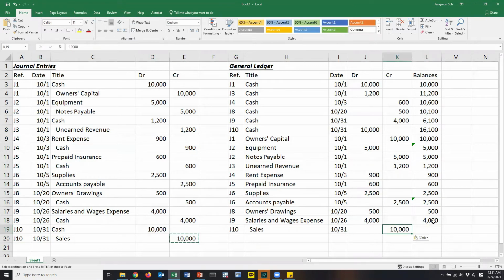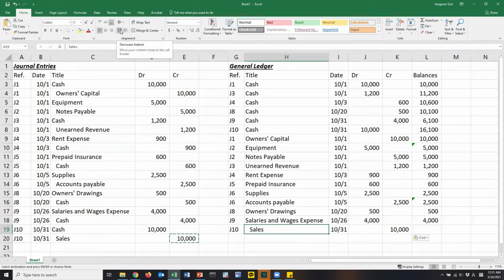On the credit side, we will copy and paste. Sales has credit side as its normal balance, the same as liability items. So I will copy and paste a liability items formula. Okay. So we've prepared the general ledger.